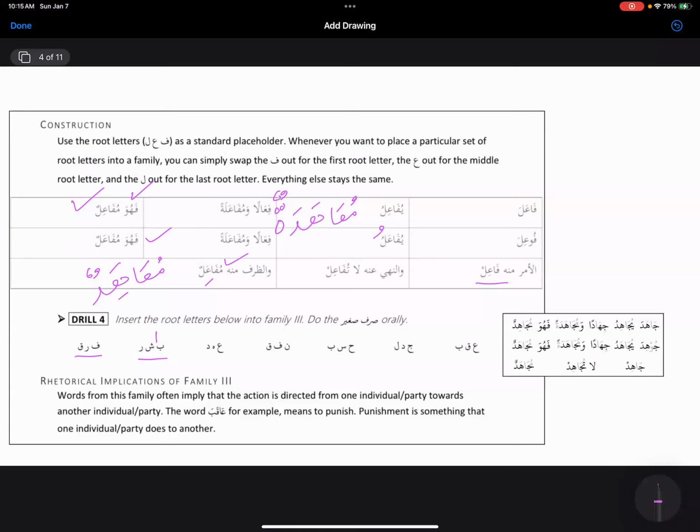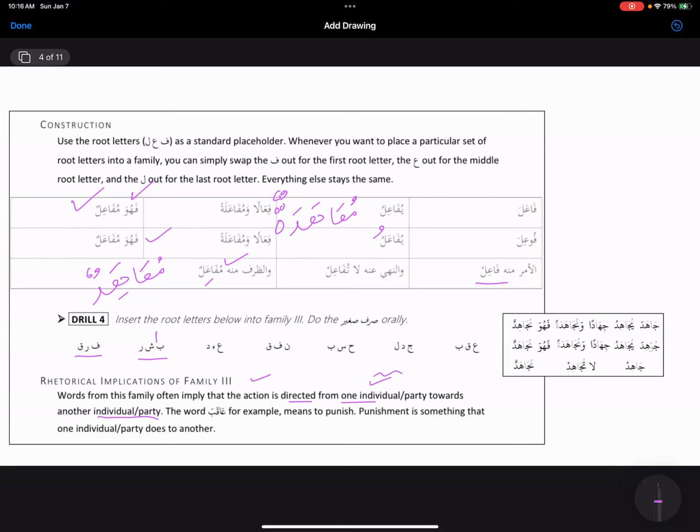Okay, now the rhetorical implication of family 3. We discussed it already. Words from this family often imply that the action is directed from one individual party towards another individual party. See, there is no ta'awun, right? So the action is directed from one party to the other, meaning one is more dominant than the other.